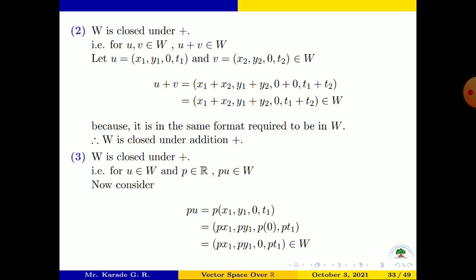P times U is P times (x1, y1, 0, t1), which equals (Px1, Py1, 0, Pt1), and all these components are real numbers, so it belongs to W. Therefore, W is closed under scalar multiplication also.